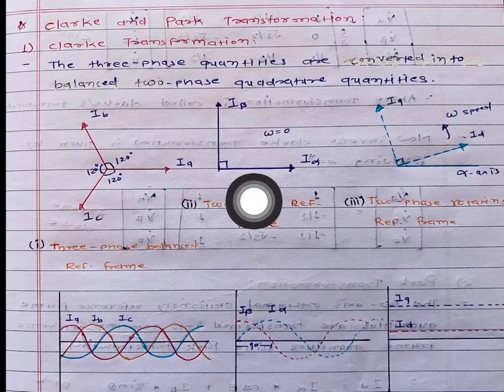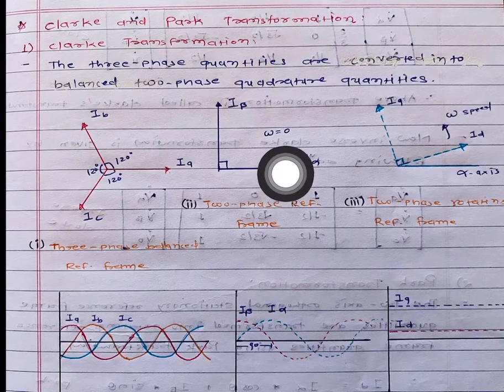That means two-phase quantities which are displaced by 90 degrees and whose rotating speed omega is equal to 0.